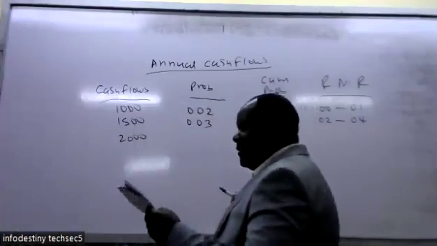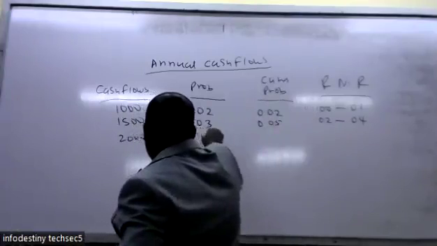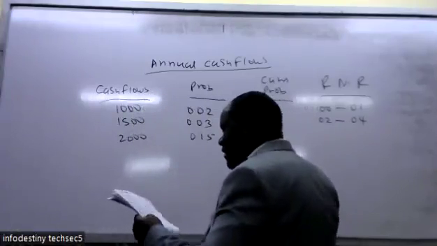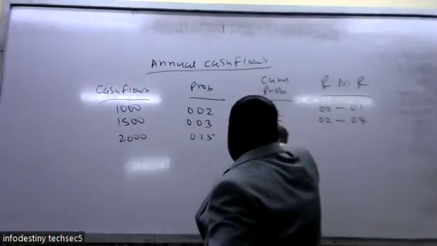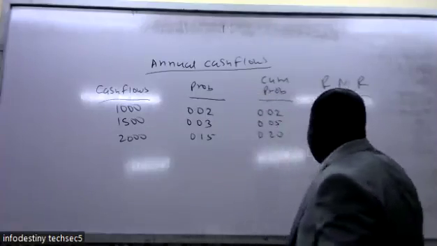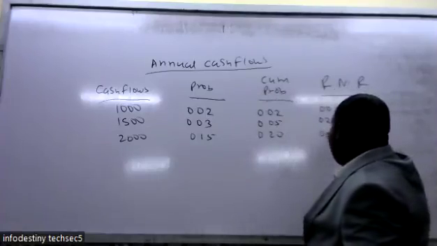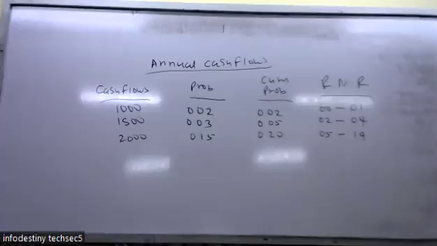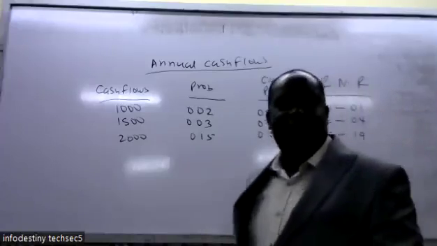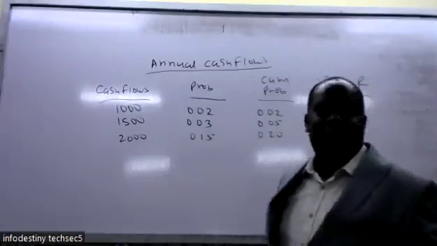That is 0.15, so cumulative is going to be 0.20. So that we start from 05 to 19.